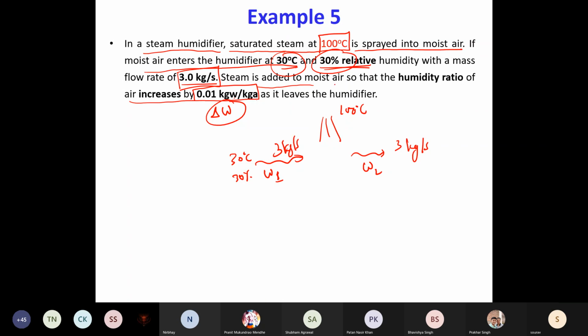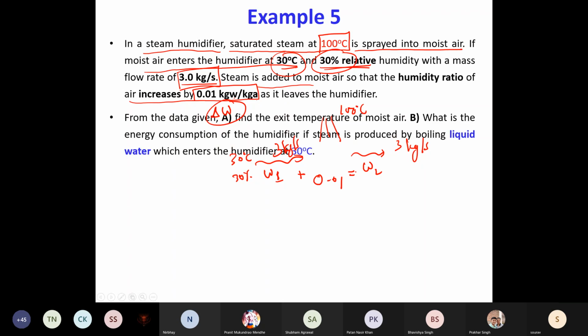So this humidifier is providing 0.01 kg of water per kg of dry air. So whatever this omega 1 is, plus this value will be your omega 2. From the given data, find the exit temperature of moist air.